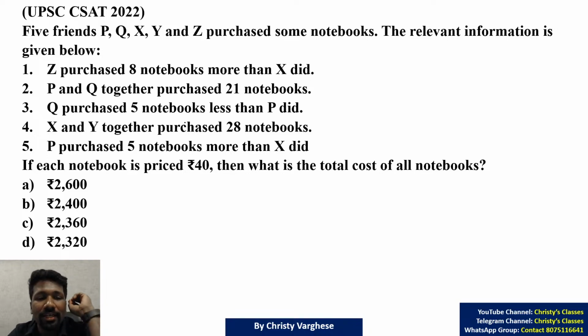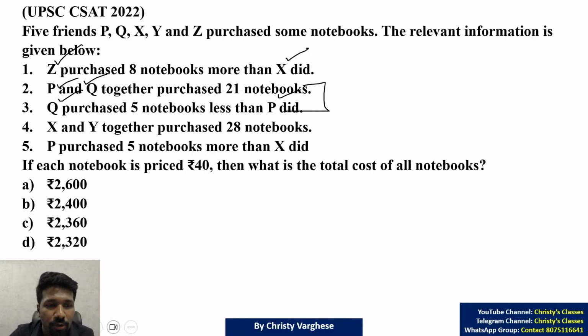If you look at it, we need to find the x value, y value, z value, p value, q value. Here this sentence has z and x in it, and these two sentences have p and q in them. So let us start from that only.